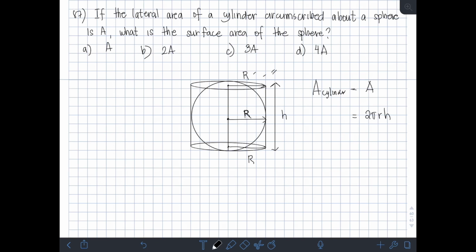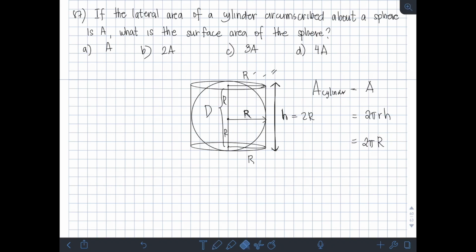And then, ito yung height ng ating cylinder. Okay? So, pag sinubstitute natin, 2 pi capital R h. Ngayon, itong h, pwede nating i-relate dito sa radius ng sphere or sa diameter niya. So, diba diameter ito ng sphere, which is dapat R din to, tsaka R din to, or 2R. So, therefore, itong h equal siya sa 2R, right?